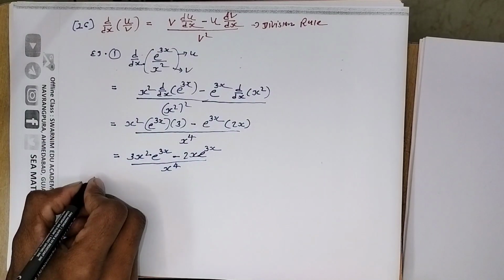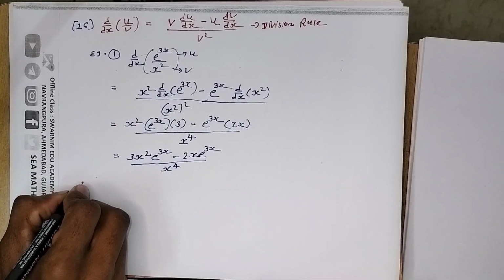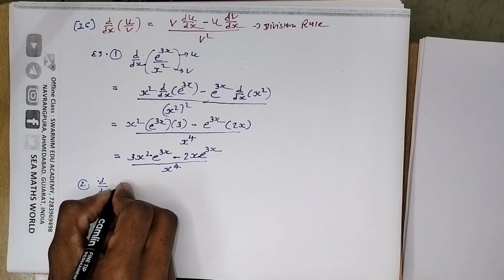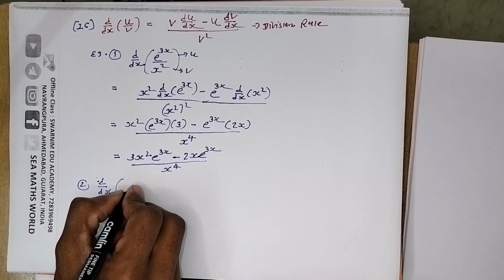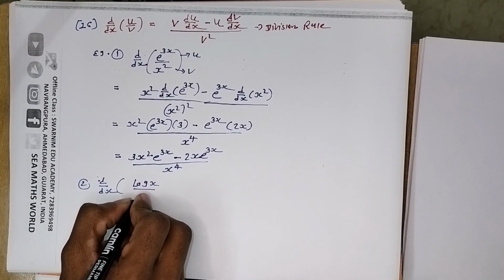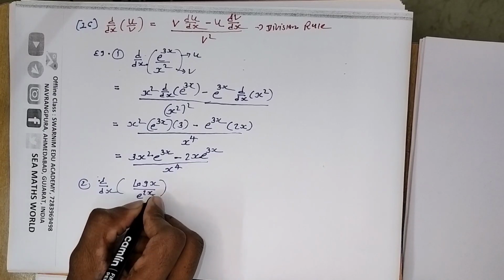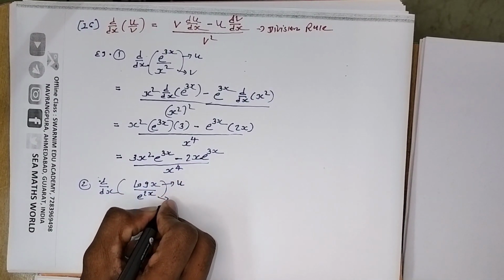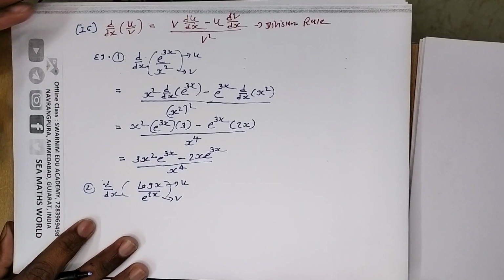Now one more example. Differentiation of log x upon e raised to 2x. Here the numerator term we can take as u, the division term we can take as v.